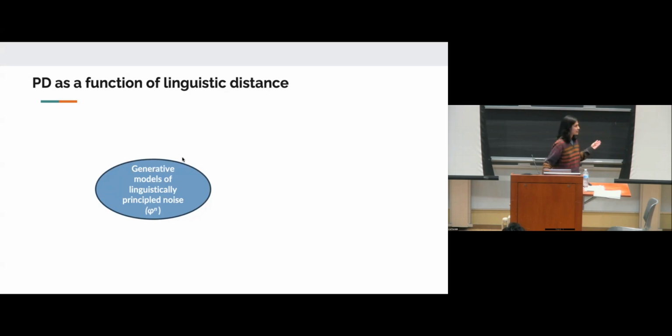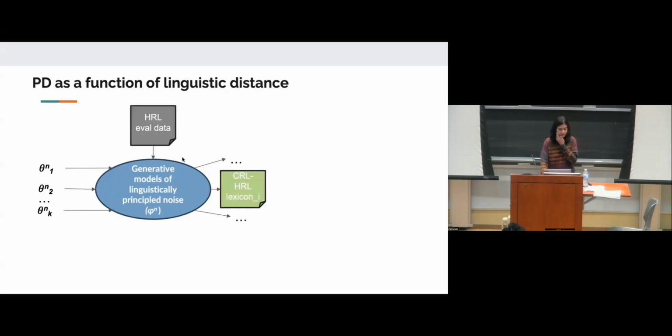Yeah, basically that's what we do, right? We have generative models of linguistic noise, or linguistically principled noise. Given some word in our HRL, we use this model, which we call a noiser, to create a noised version of the word that looks like it might belong to some dialect of it. These noisers are parameterized by Bernoulli thetas, which serve as a proxy for linguistic distance.